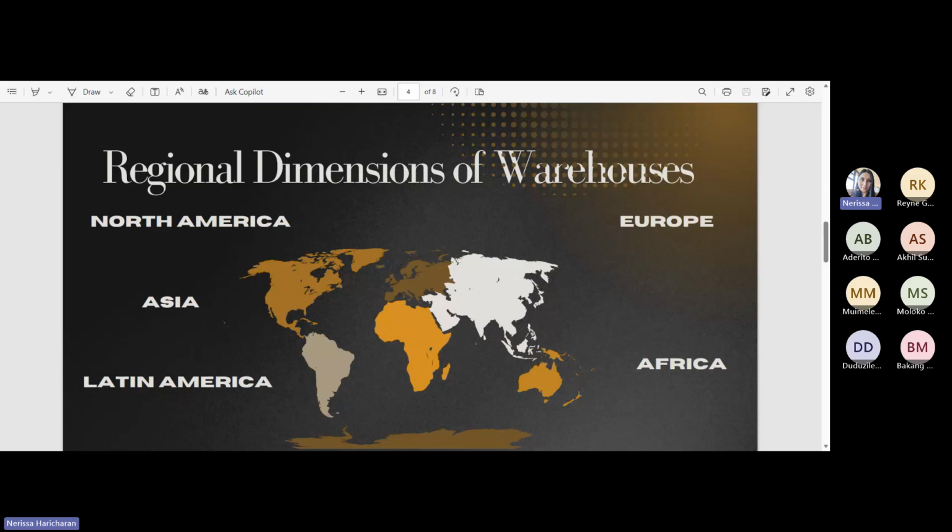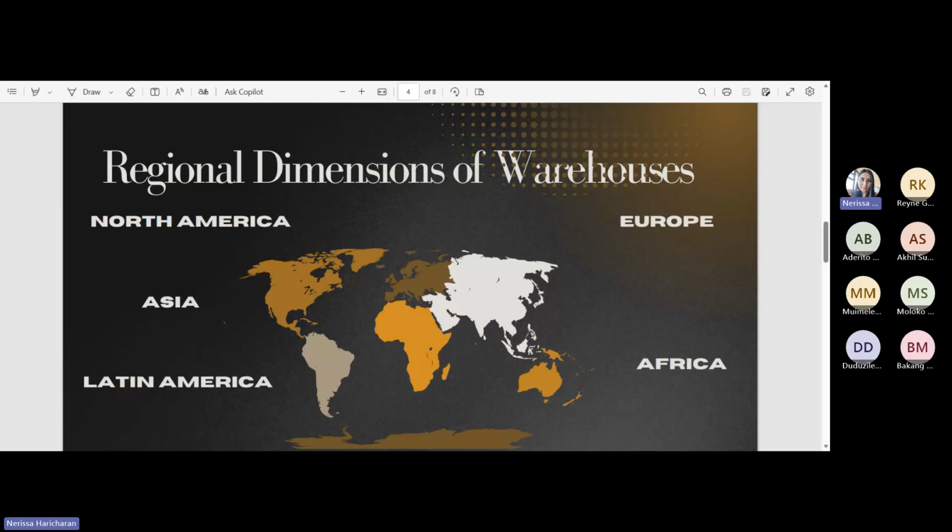They're very well equipped, with the tech and the innovation that's required. They're also a lot of times more strategically located near a transport hub. Whereas in areas that are less developed, the facilities and infrastructure are inadequate. The warehouses are a lot smaller, and the tech is less advanced. So there are a lot more challenges for them, especially in logistics and in supply chain.